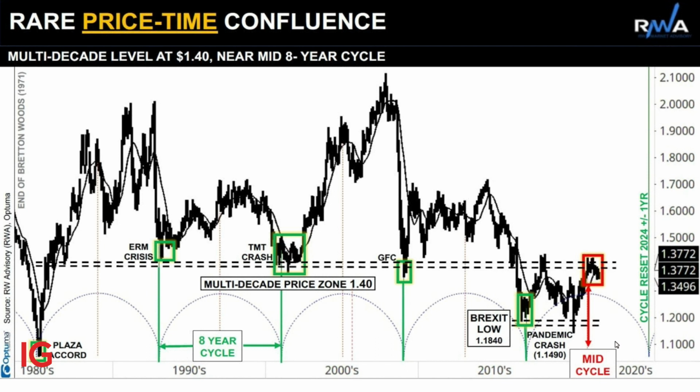It's a multi-decade level. It's very rare to see levels of this magnitude, and the market still respecting it and failing to break above it. So the chart that we looked at before is the same price level, 140, and previously 140 to 142, is really an important pivot point for the market, and of course, one with historical weight.